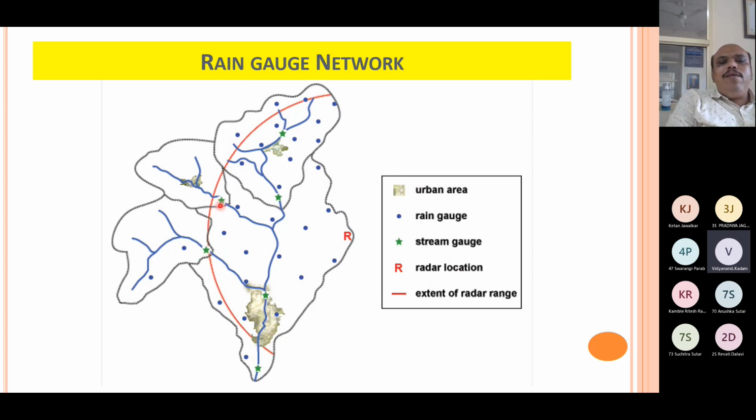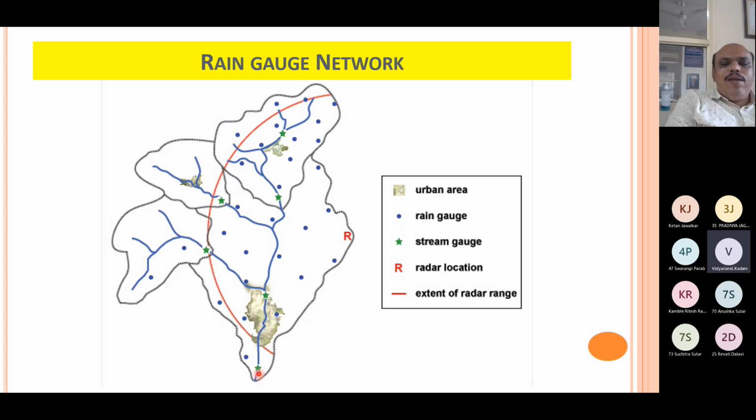Likewise, this is the second catchment, and again at the outlet point a gauge is fitted on the stream, so it is a stream gauge. Similarly it is shown for the third catchment. After that, this is the fourth catchment. These three catchments, 1, 2, and 3, feed the fourth catchment.